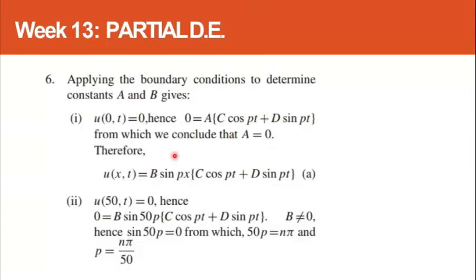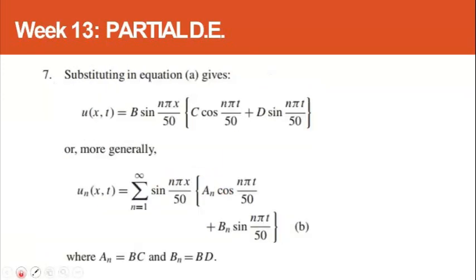Kaya nagkaroon na lang tayo dito ng B. And ito yung t natin. Based dun sa equation A daw natin, is substitute lang natin yung equation. Yan. So, we have the u(x, t) is B sine n pi x over, ito yung value ng L natin, which is 50, then, C cosine n pi t over L, and yung L natin, which is 50, plus D sine n pi t over the value of L as 50.